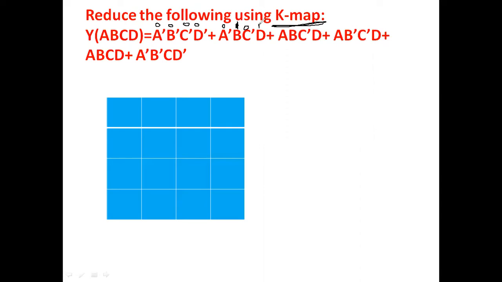D means 1. Similarly here, I am writing: A means 1, B means 1, C bar 0, D means 1. A means 1 uncomplemented. Complemented term C bar means 0. Uncomplemented 1. So here 1, 1, 1, 1.